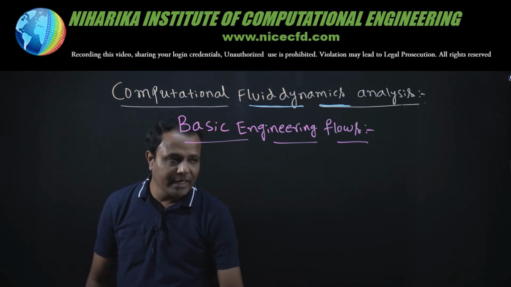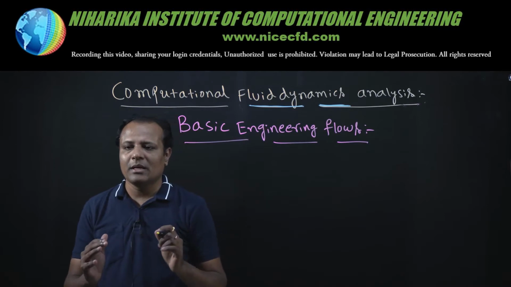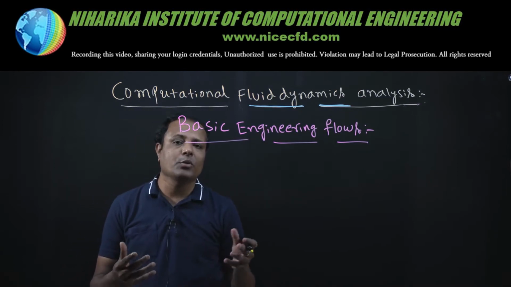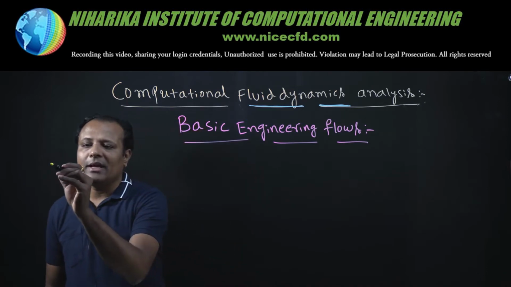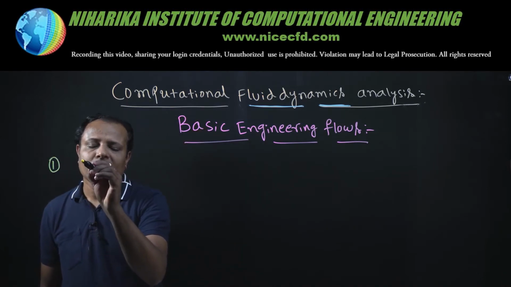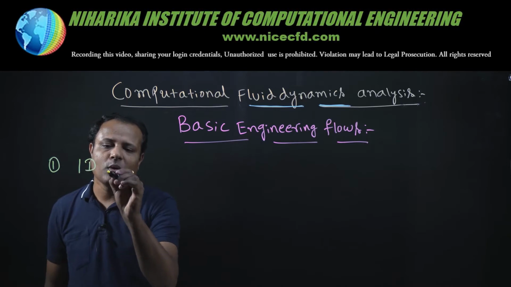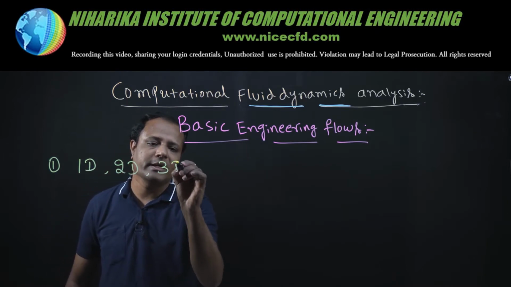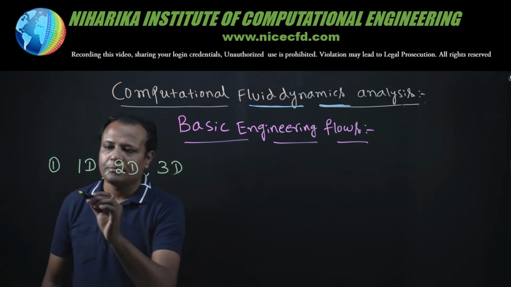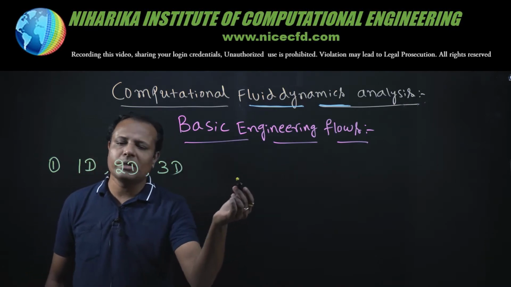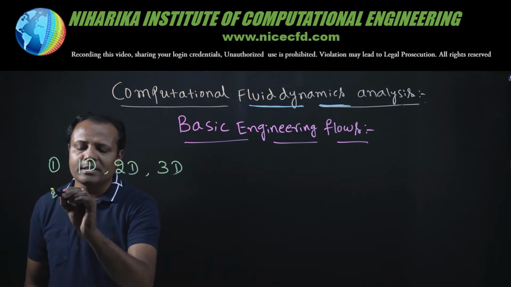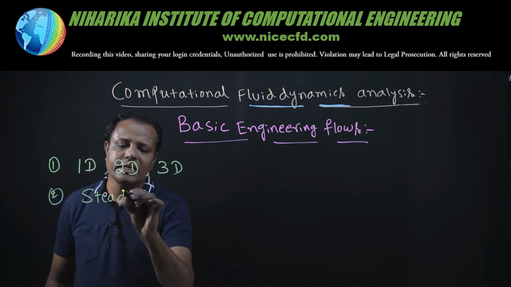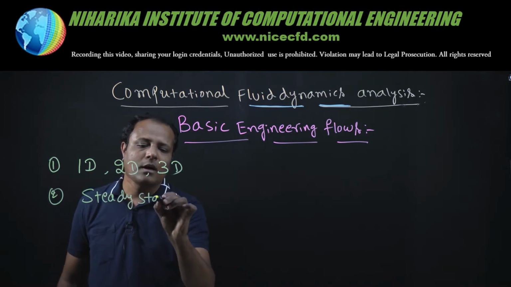In these basic engineering flows, I am going to describe the flow with respect to four aspects. Aspect number one: whether the flow is one directional, two directional, or three directional, which we normally call 1D, 2D and 3D. The second aspect is whether the flow is steady state or transient.